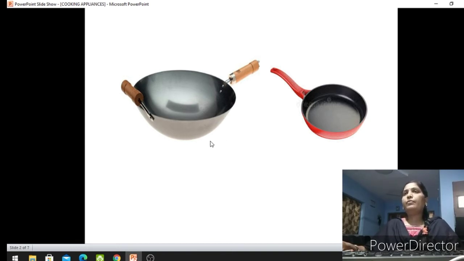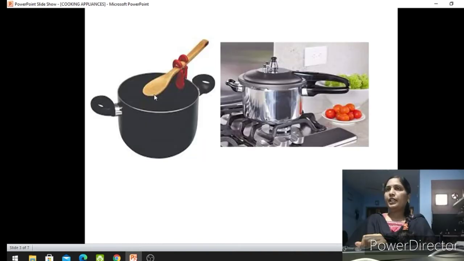This is a wok or kadai. We use it for deep frying. So you can ask your mother and observe whether these two utensils are present in your home or not. Just go through it and try to identify in what way you are using this frying pan.